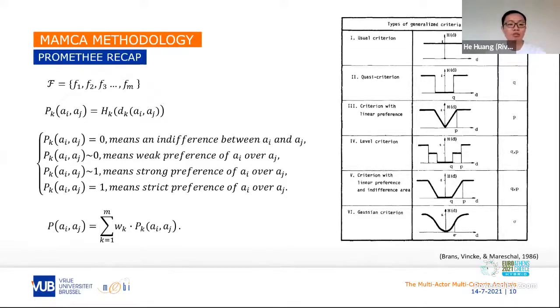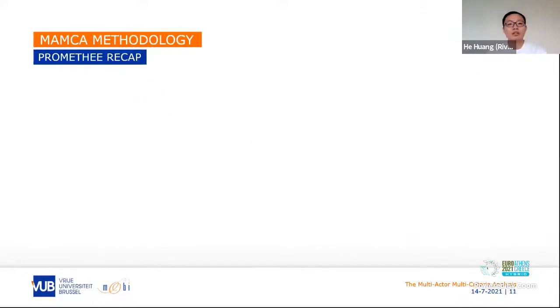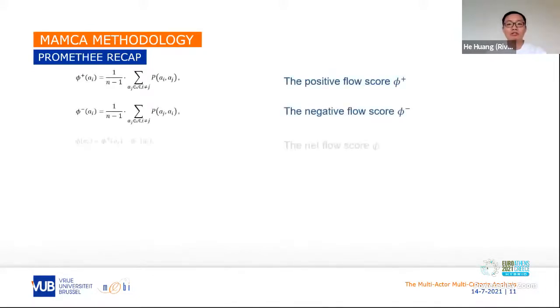After comparing the preferences between the alternatives Ai and Aj for every criterion, the global measure of the preference of Ai over Aj can be computed, where wk is the weight of criterion fk. Weights are assumed to be positive and normalized. The PROMETHEE ranking is based on the positive flow score, negative flow score, and the net flow score.